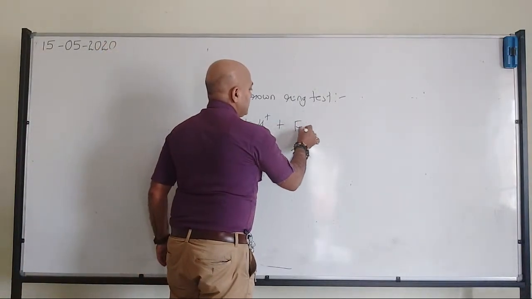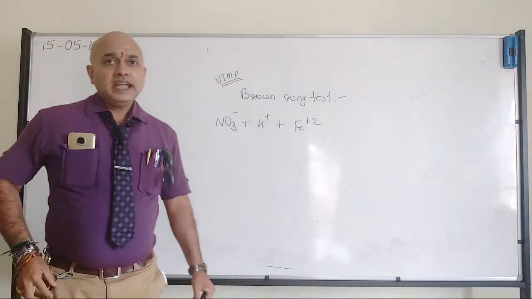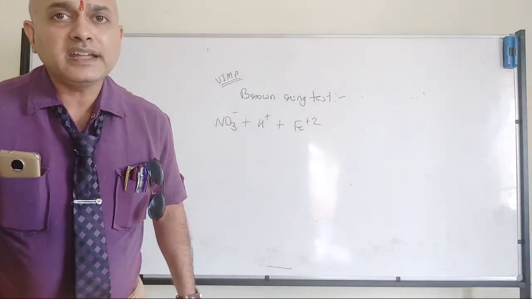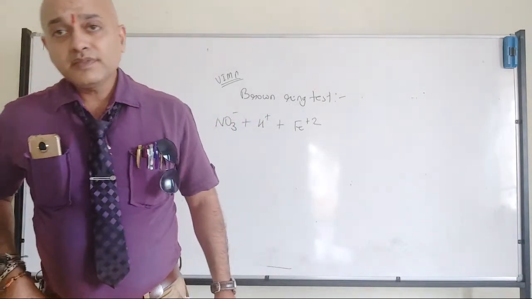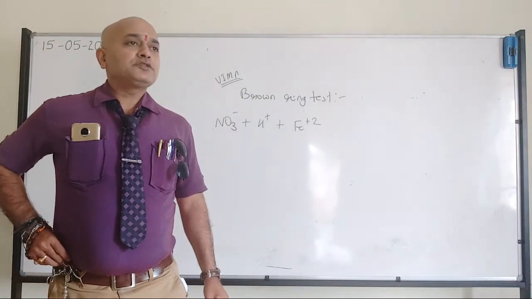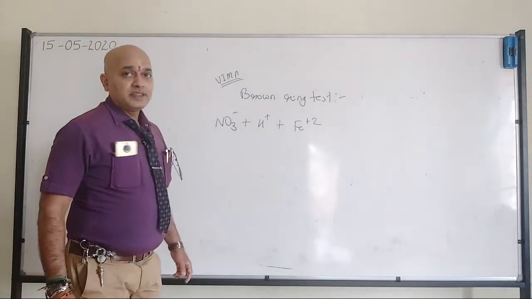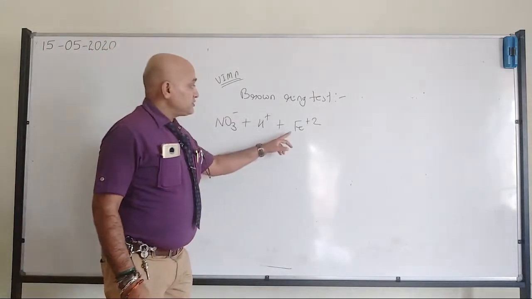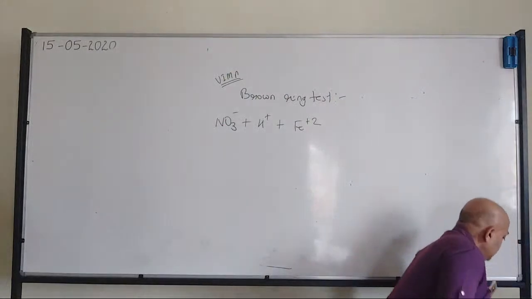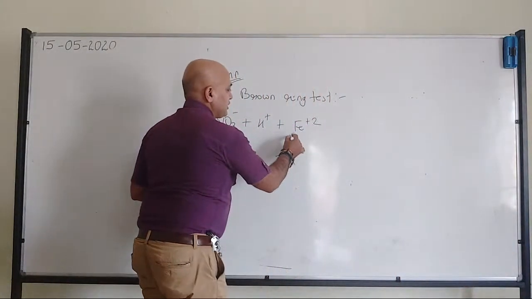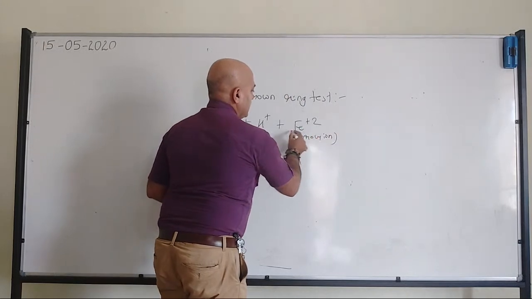Now there will be the presence of iron, Fe2+. Fe2+ means ferrous or ferric? It is ferrous. So there will be utilization of ferrous ion.